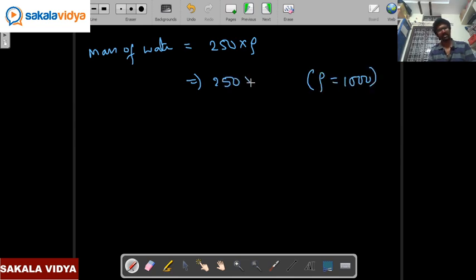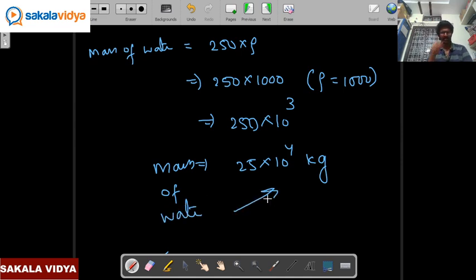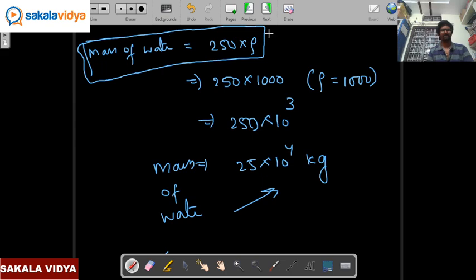So 250 into 1000, that is 250 into 10 power 3. So approximately we get 25 into 10 to the power of 4 kg. So the mass of water is 25 into 10 to the power of 4 kg, and the formula is mass of water is equal to volume of tank into density of water.